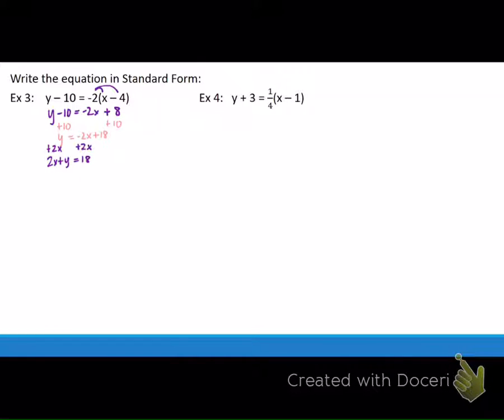Okay, so then you're going to check it. Fractions or decimals? No. A negative? No. Common factor?